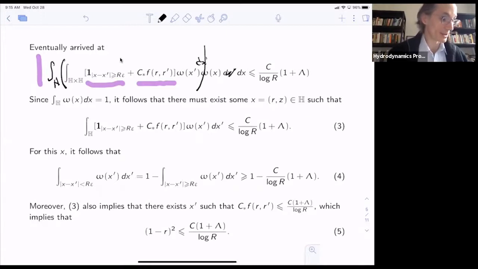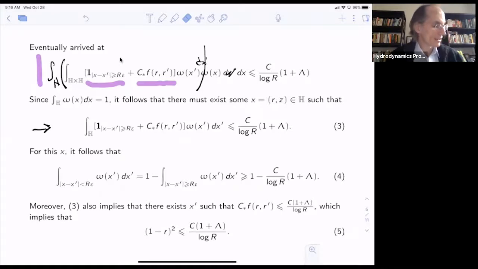This has to be small some of the time for some omega, just by something like Chebyshev's inequality. So if when I average over x, this quantity is small, then it's got to be small for some particular choices of x. And that's the second inequality.